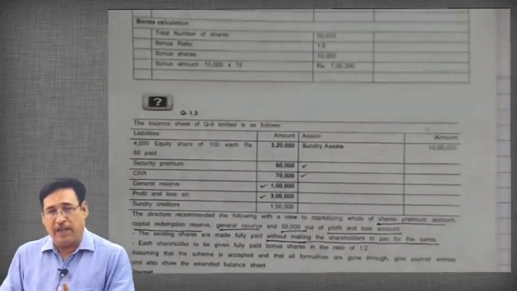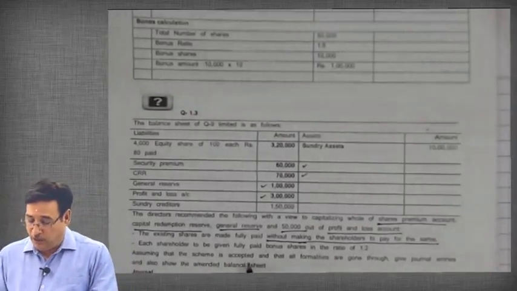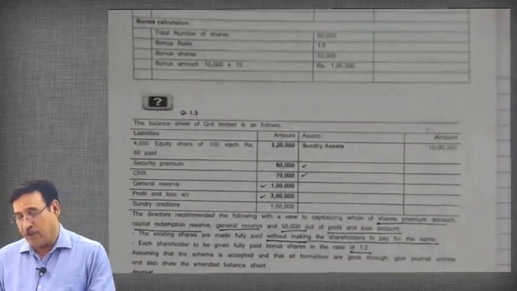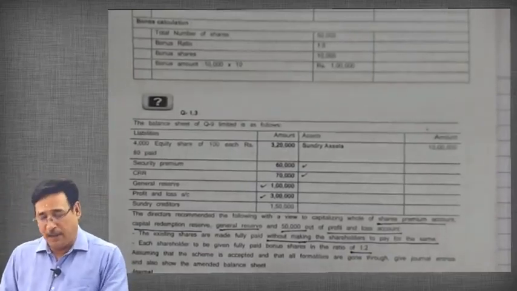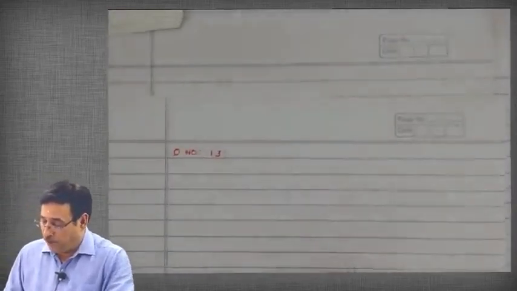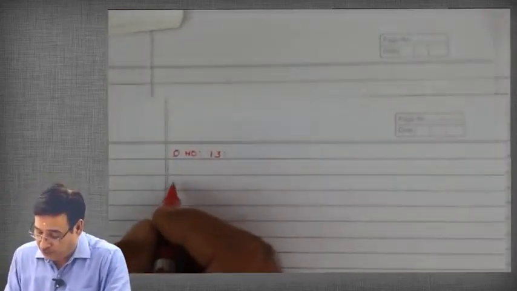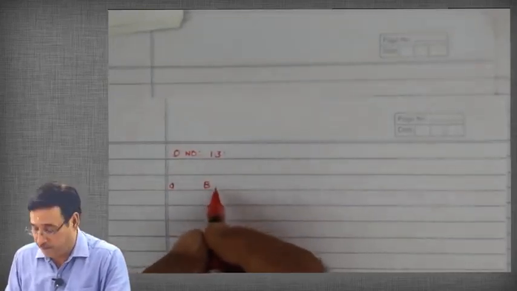So on similar lines, we are going to solve the question as we solved the previous one. Each shareholder will be given bonus in the ratio of 1:2. So both types of bonus issues are available even in this particular question. So first of all, we will write here bonus calculation is step number A. Bonus calculation.